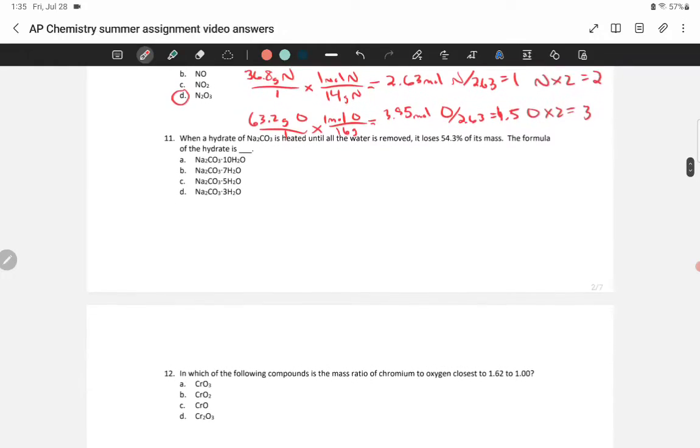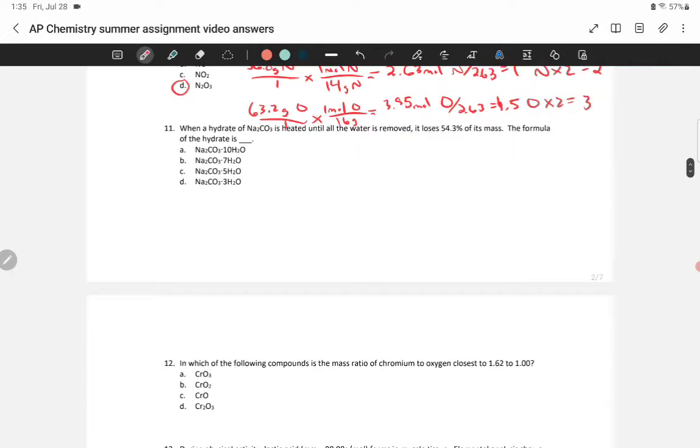Number 11. A hydrate is a chemical composed of a salt and water that's loosely attached. And it looks like all 4 of these answers have 3 waters, 5 waters, 7 waters, 10 waters. I'm looking at D, C, B, A. It says it loses 54.3% of its mass.